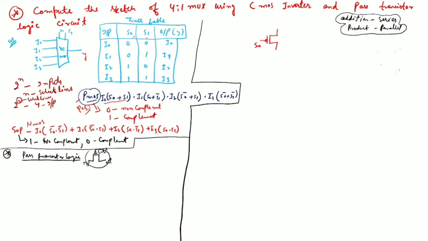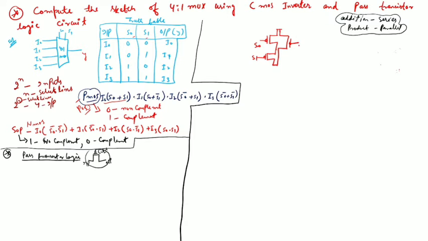Second, this addition is in series. Then S1, S0, and this one will be the S1. So this S1 and this both are multiplied with I0. So I0 is in parallel with both these, so this will be the parallel in both these in PMOS.